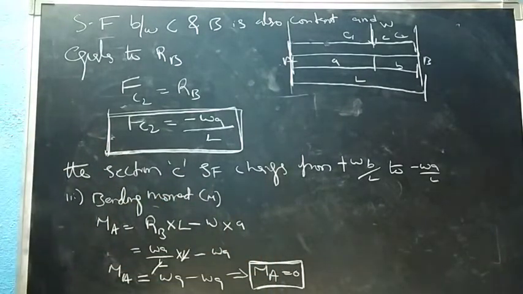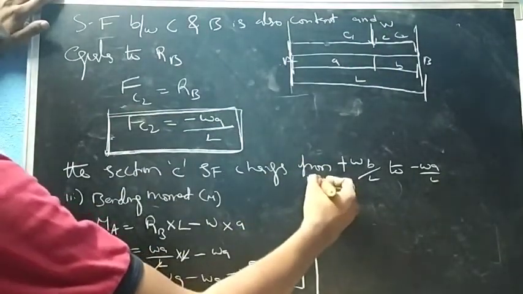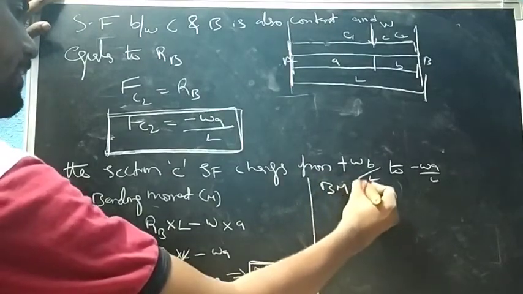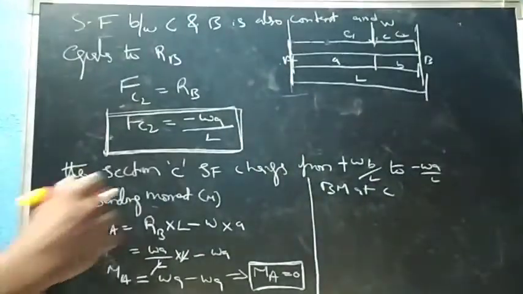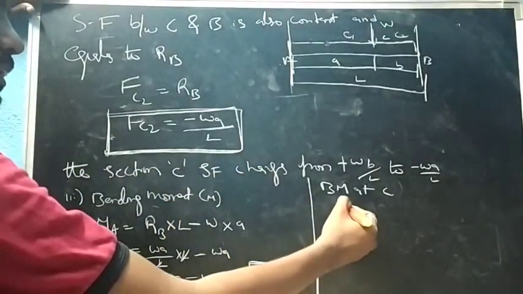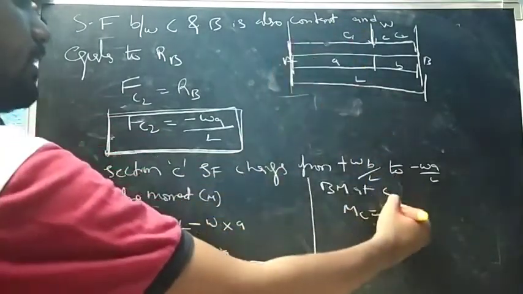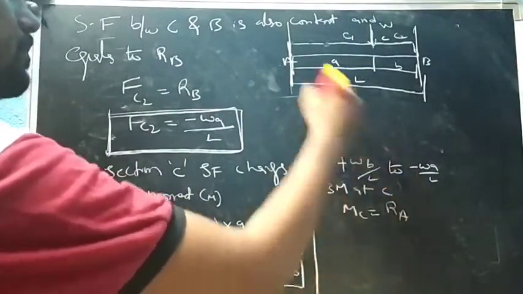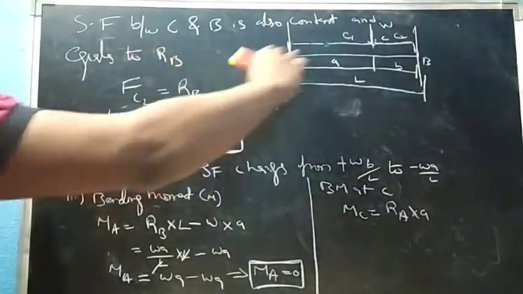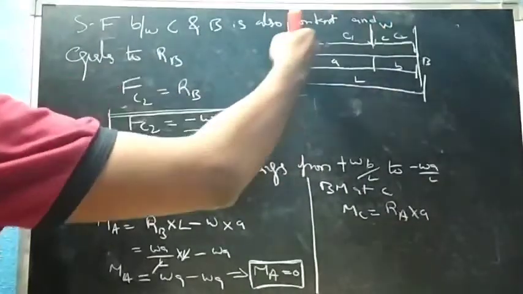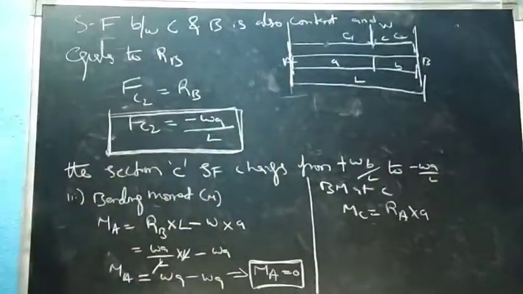right? Now we'll find out the next point, that is C, bending moment at C. So here MC equals to RA into a, right? If you are taking moment here, you are coming all the way from here, that is RA into a.